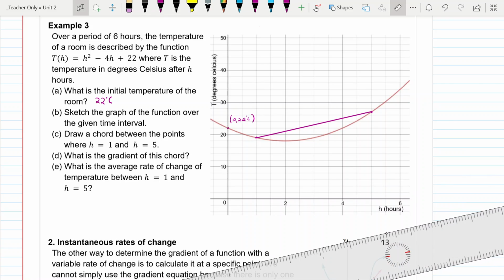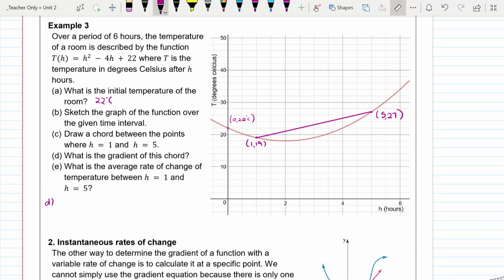You can actually use your equation to find the values at those points rather than trying to read it off the graph. But those are the points (1, 19) and (5, 27).